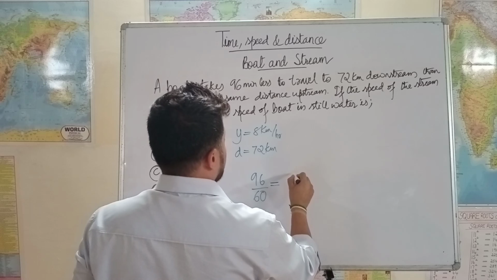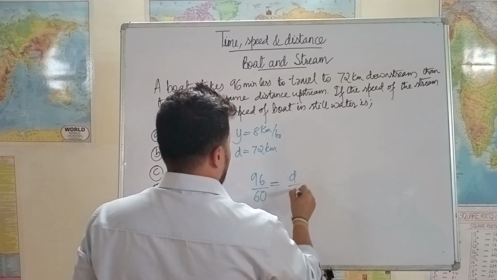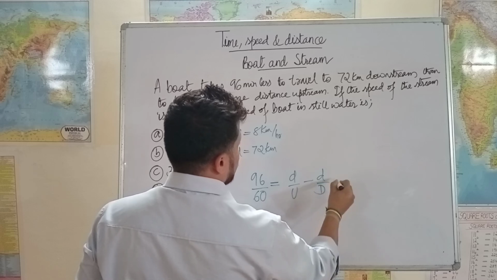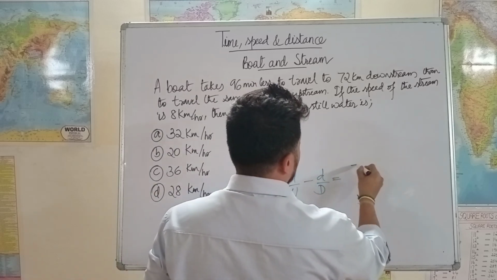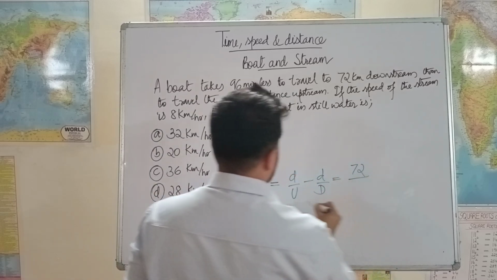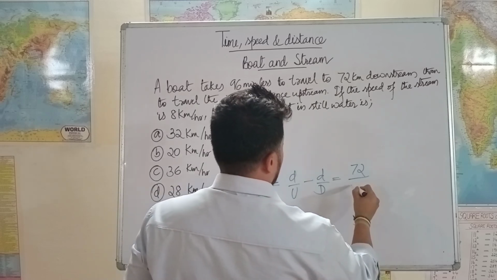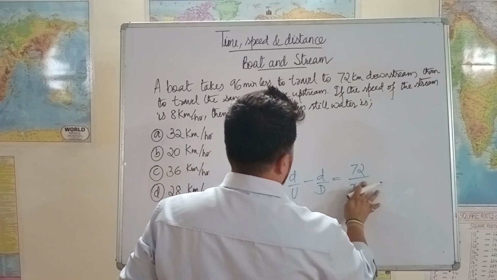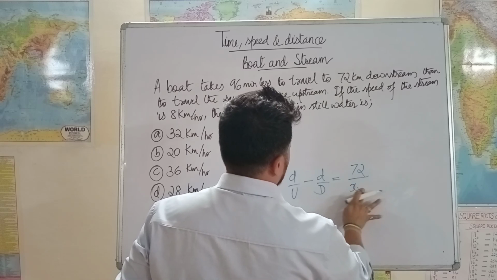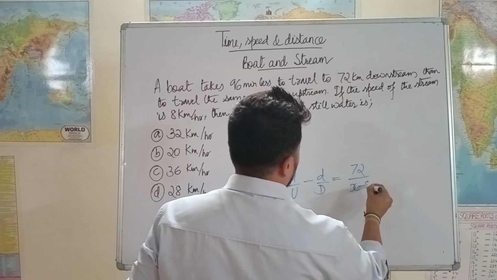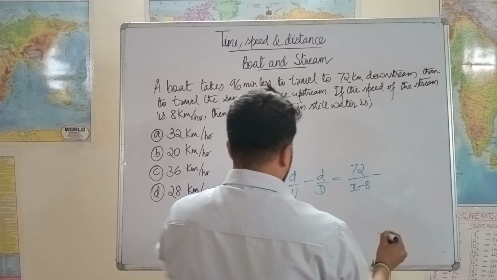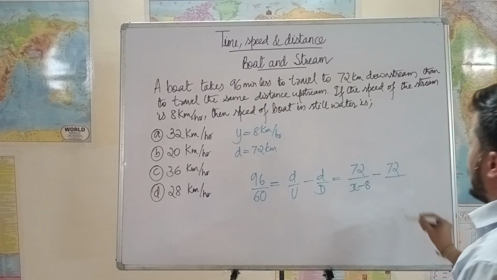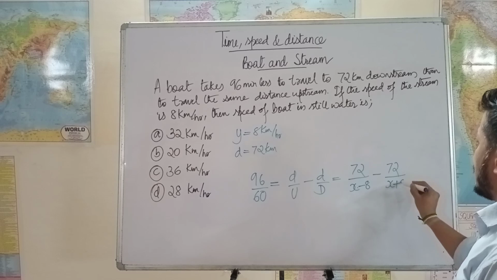So the distance d by upstream minus d by downstream, which is equal to, d is 72, and upstream speed is x minus y, which is x minus 8, right? Minus, again d is 72 divided by downstream, which is x plus 8.